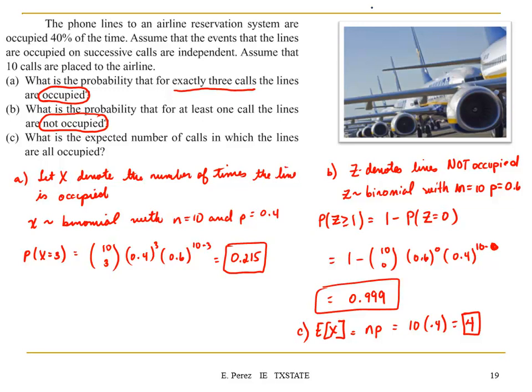So again, this random variable x can be described as the number of trials that result in a success. And we are dealing with a binomial distribution to compute such a probability.